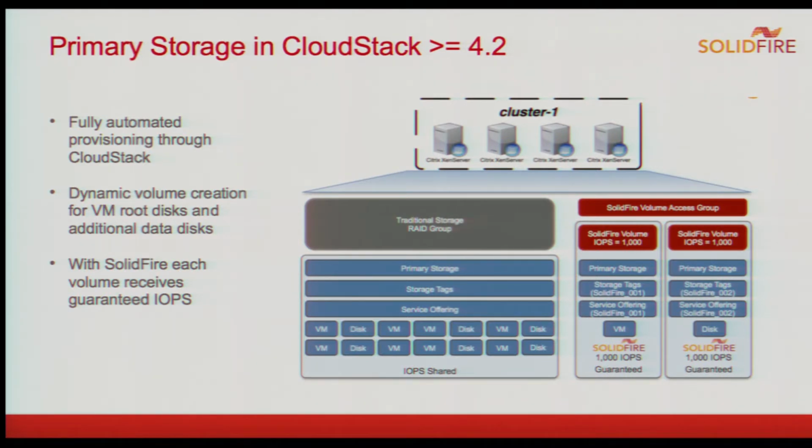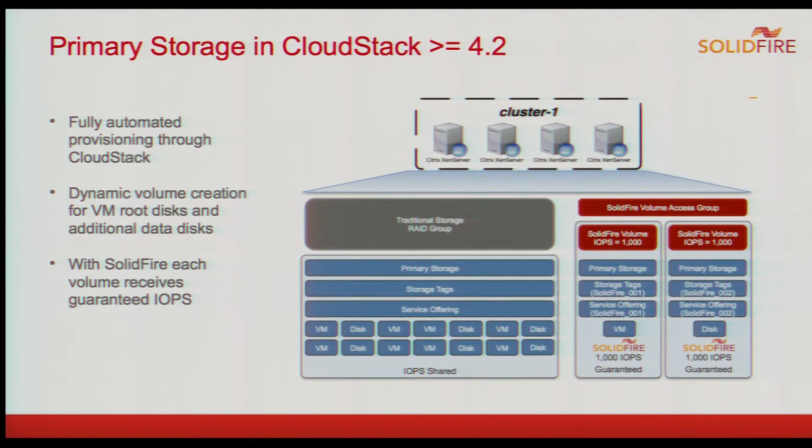And then they carve out LUNs like what we did. They'll take that LUN over to their hypervisor. They'll consume it as a storage repository if it's XenServer, or a datastore if it's vSphere, and then they'll bring it into CloudStack. And then once they do that, you'll have that primary storage layer with your storage tags, and then your service offerings, your root disks and your data disks, are going to share that LUN.